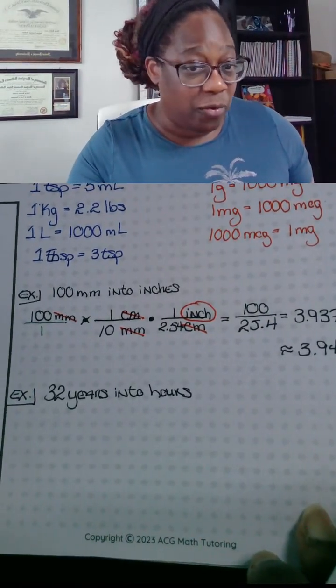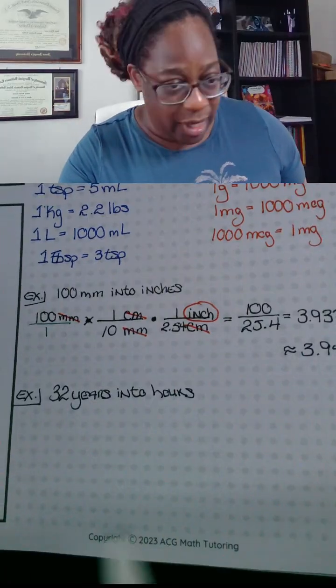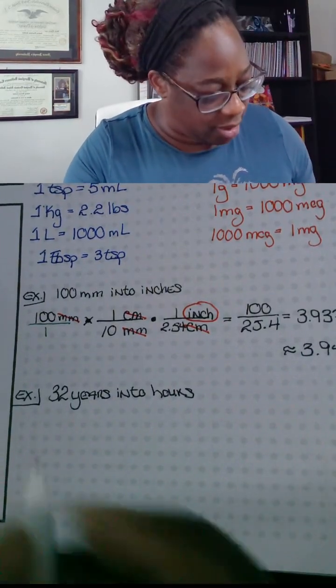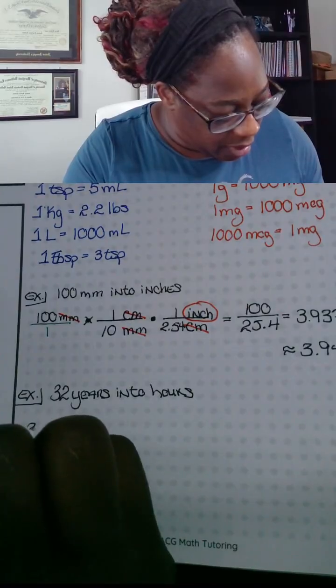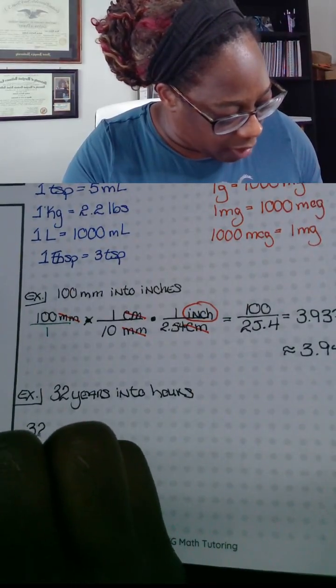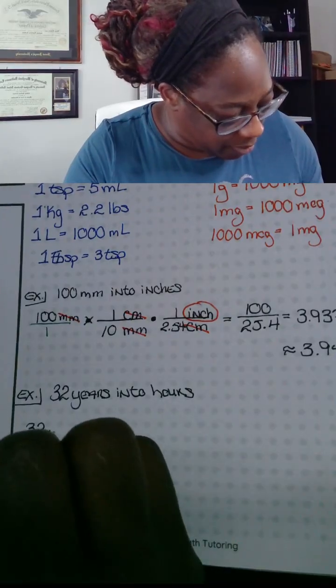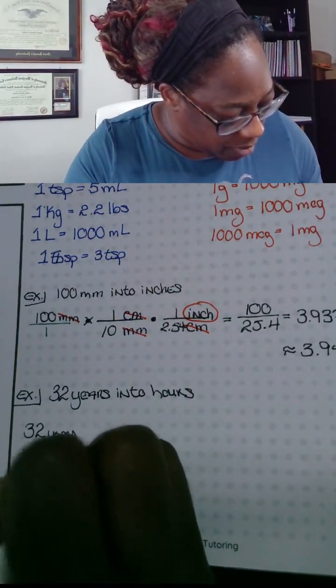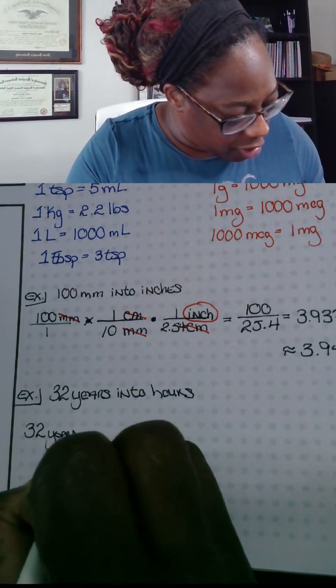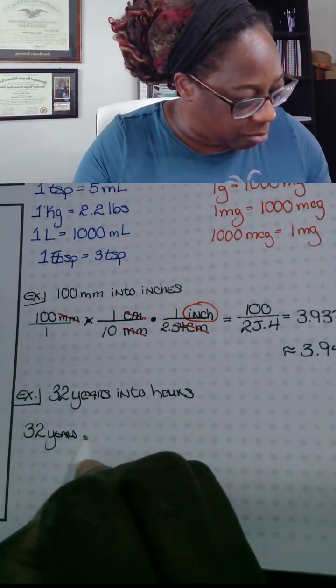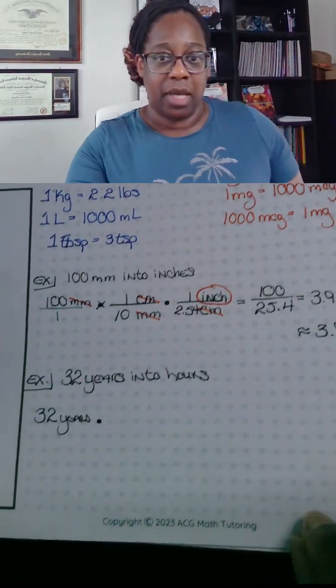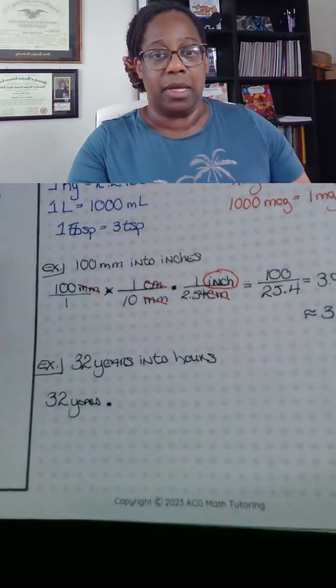Okay, so if we're starting off with the 32 years, that means we kind of have to work backwards. And I'm going to use the dots for multiplication.